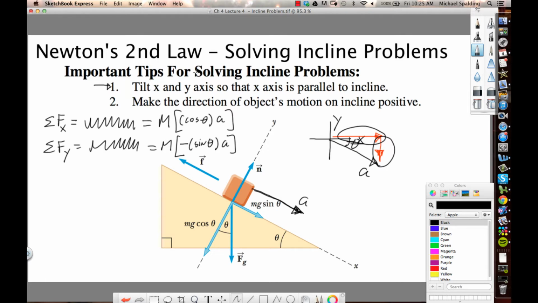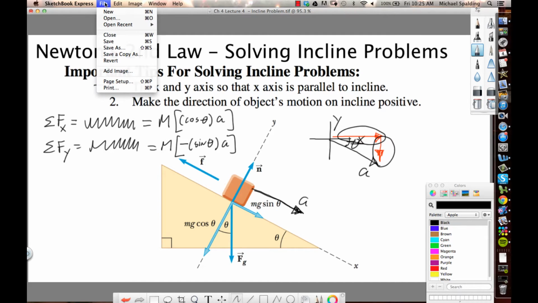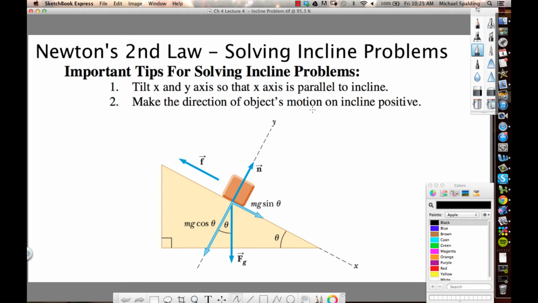So how do we make things simple when you're working on an incline? To make it simple, what you're going to do is say that the incline is the X, like that. Perpendicular to the incline is the Y. Does that make sense? So what's really nice about this?